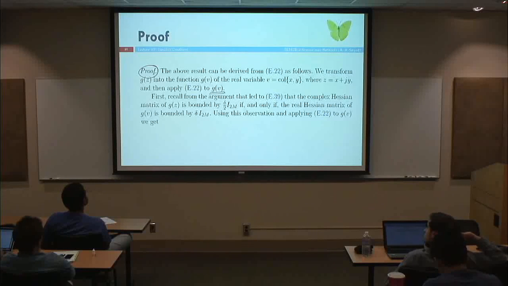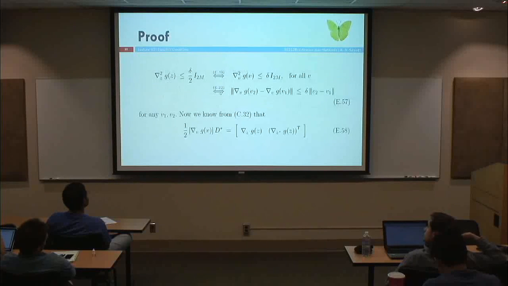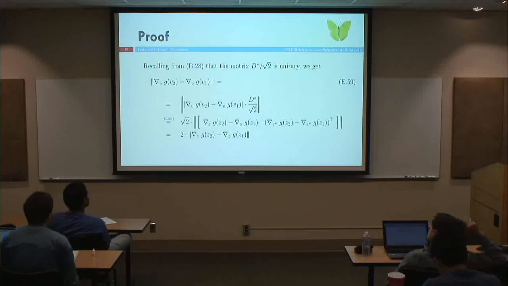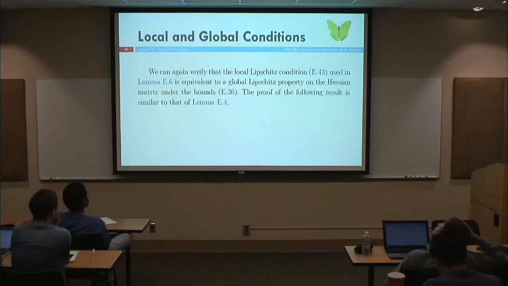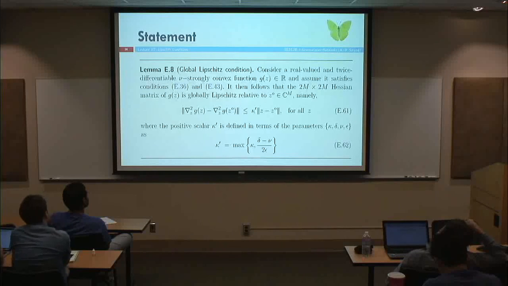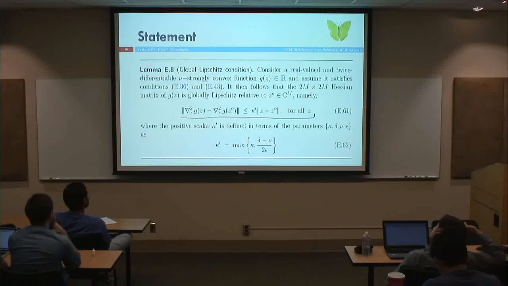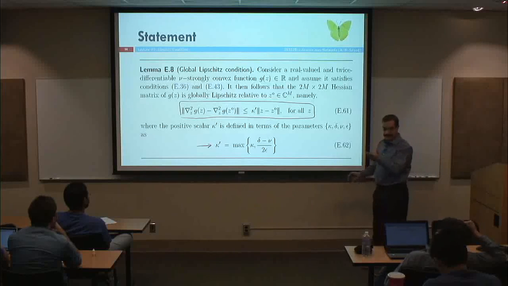You work with G of V. So I'm not going to go through that just because it is not that difficult. You can read it. That's the proof. And then similarly, if you assume that the Hessian is locally Lipschitz, then it turns out to be globally Lipschitz for the same kappa prime defined down here. Again, proof.